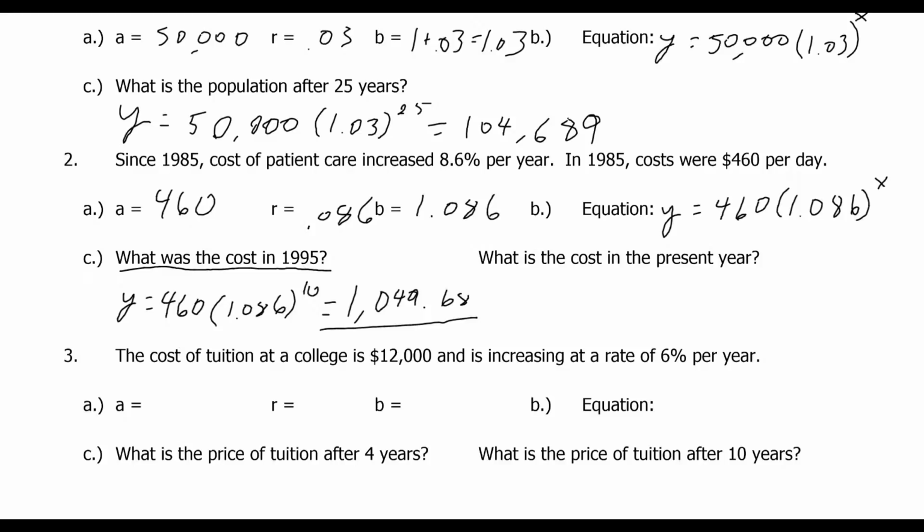Next thing, it's asking what is the cost in the present year. All right, now, let's see. 1985 to present day. Well, 1985 to 2016, whenever you do that, you get 31. All right, so y equals 460 on the outside of 1.086 raised to the 31st power.